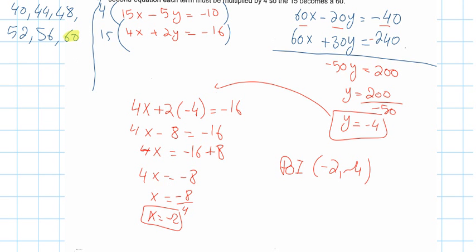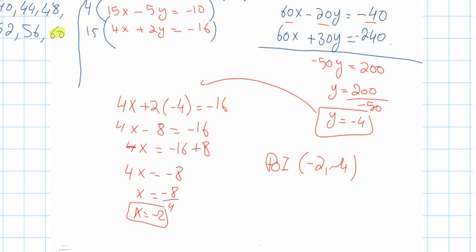If the coefficients are the same sign, you subtract because you want to get rid of it. But if the coefficients are opposite sign, then you add. If it's a positive and a negative, so you see right here, I had a positive 10 and a negative 10.